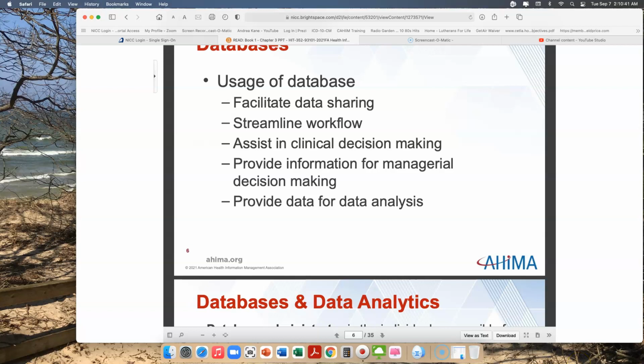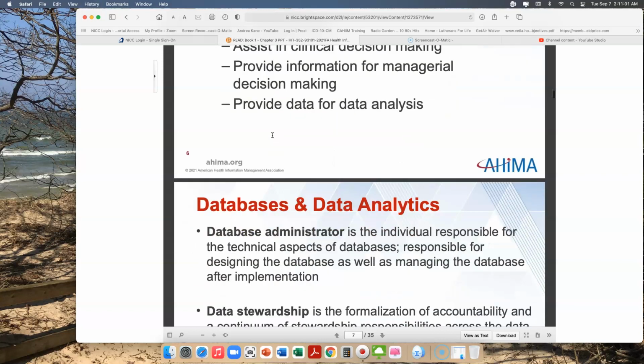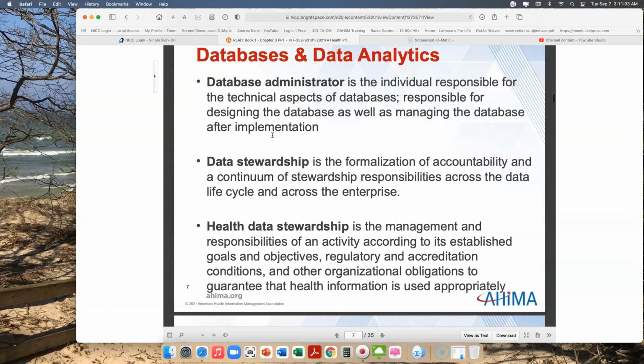Well, it facilitates data sharing, it streamlines workflow, it assists in clinical decision making, and it provides information for managerial decision making as well as providing data for data analysis. It gives you one place to go to find all sorts of information and then start looking at trends and making decisions and predictions and that sort of thing.